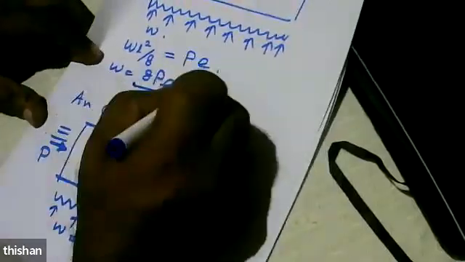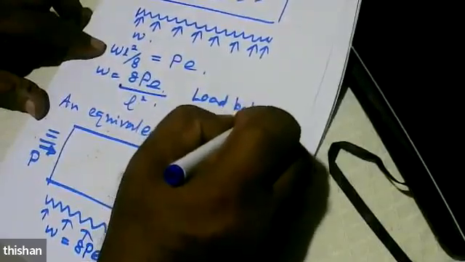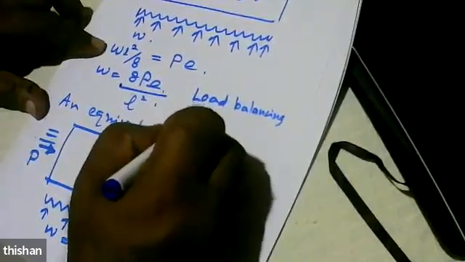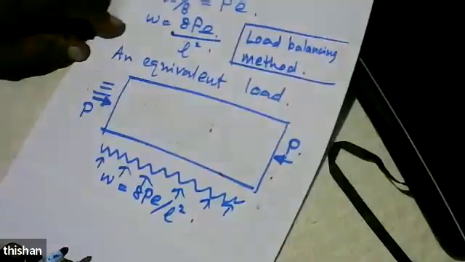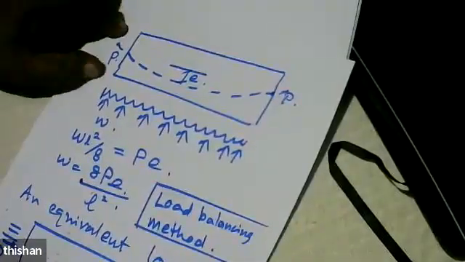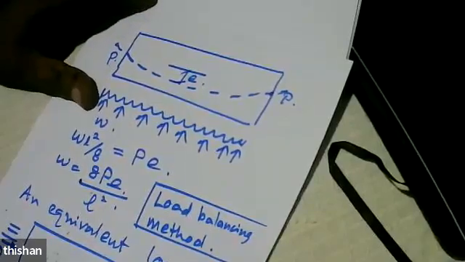And this is called the load balancing method. If you have a pre-stress like this, it is equivalent to an upward force.